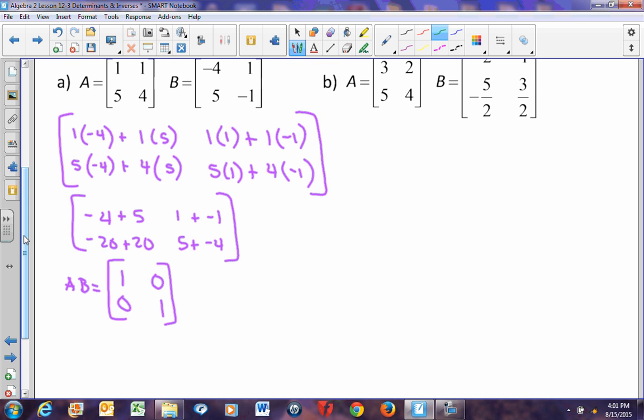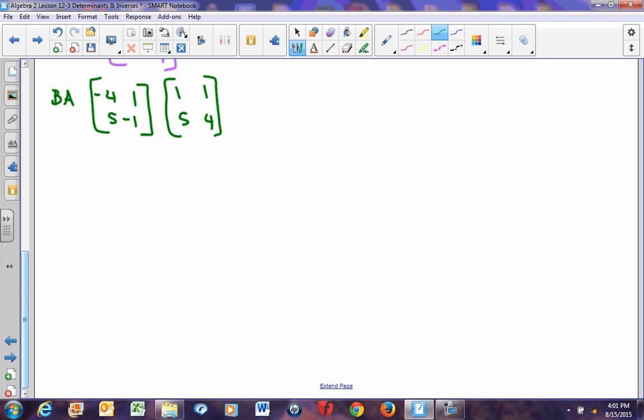All right, so now B times A. Sometimes it's easier for me to do B times A if I rewrite it, so I'm going to rewrite it. It's going to be negative 4, 1, 5, negative 1, and then A was 1, 5, 1, 4. It's just easier for me, my brain being dyslexic, I kind of mess things up if I can't see them straight.